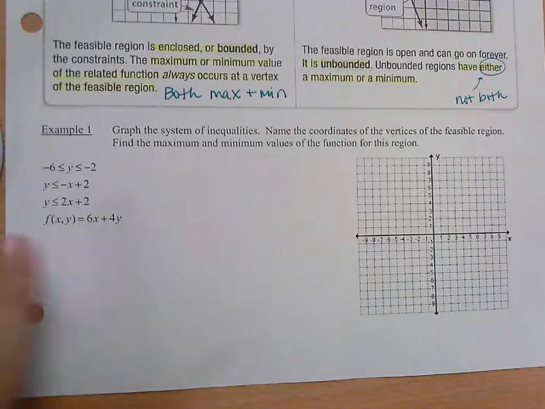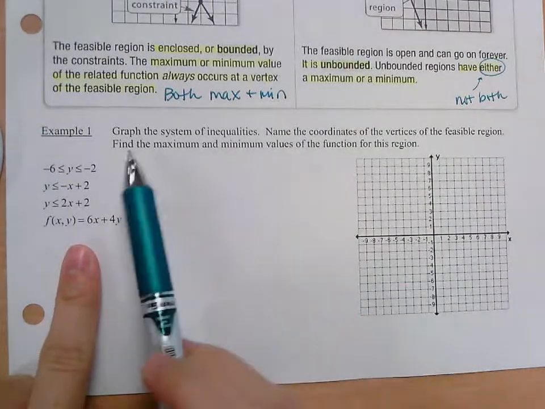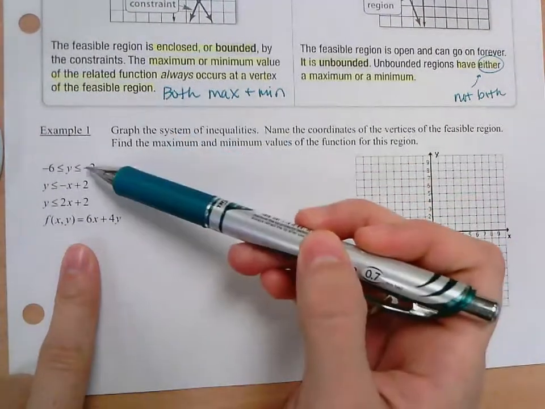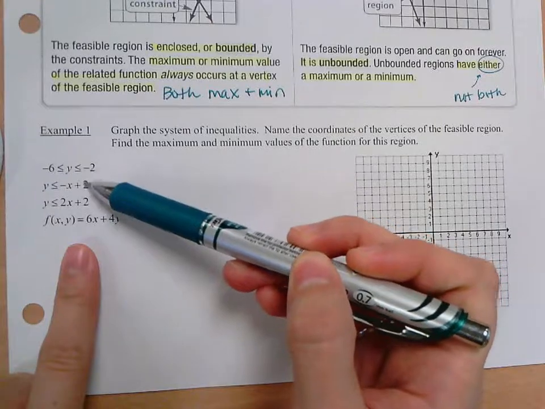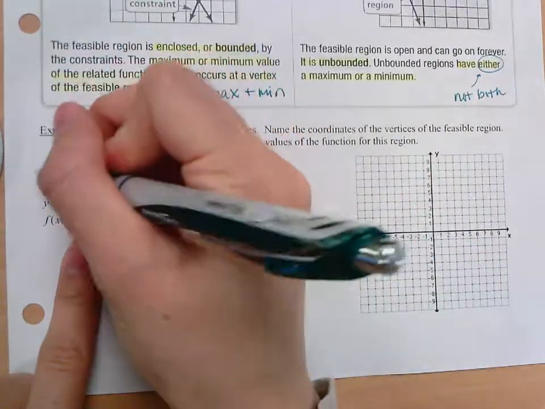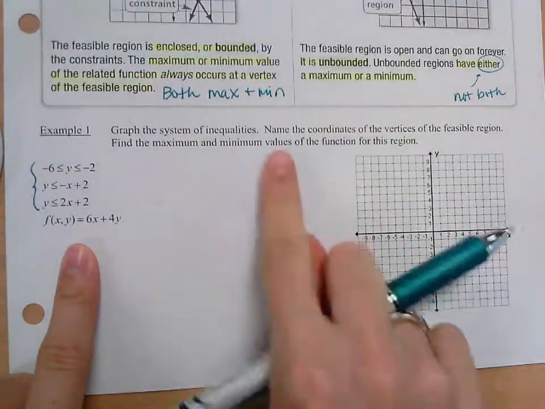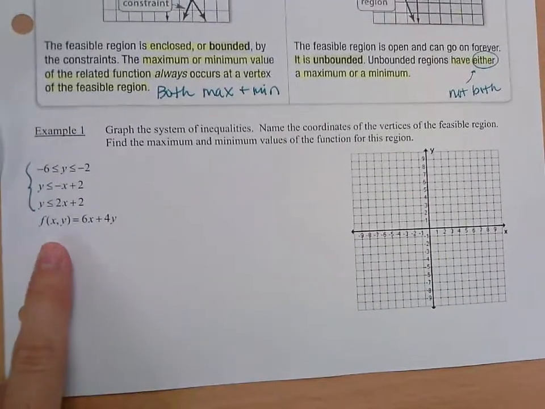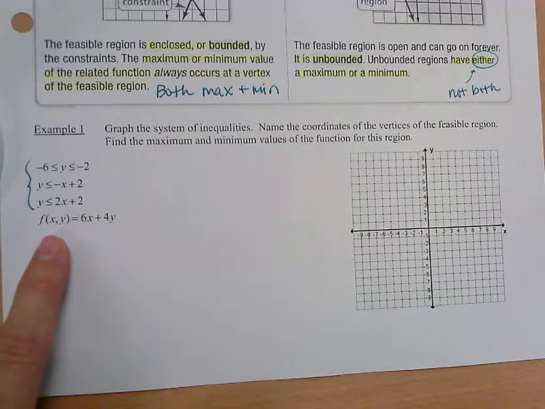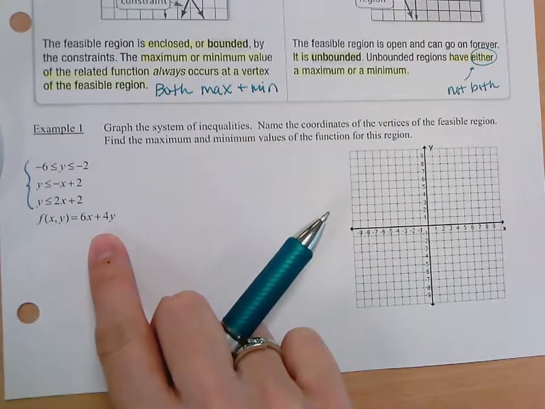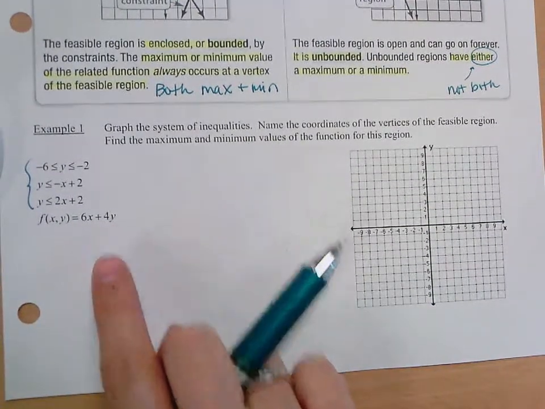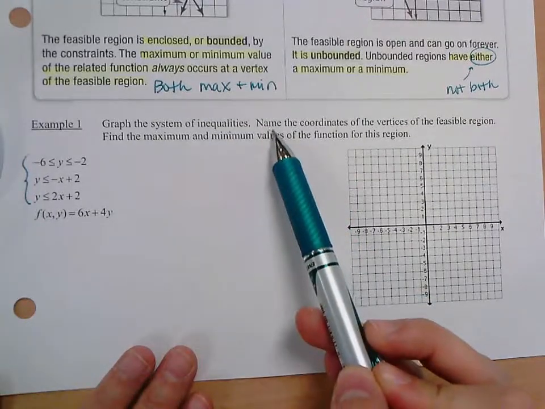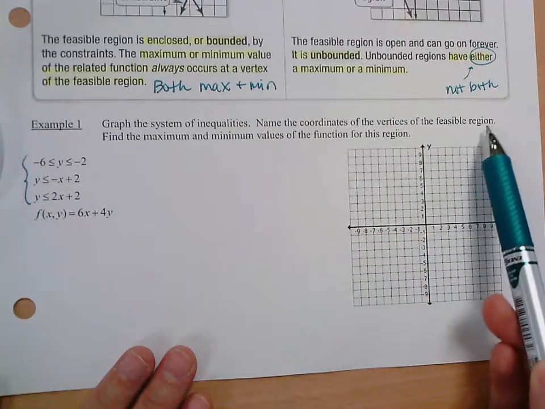So this is what they look like in example 1. It says graph the system of inequalities. So you can see the first 3 here, that's your system of inequalities. And then the bottom, the f of x, y, that is your function. So this is a function in terms of x and y. It just tells you on the other side of the equal sign you have both x and y. And then you'll name the coordinates of the vertices of the feasible region.